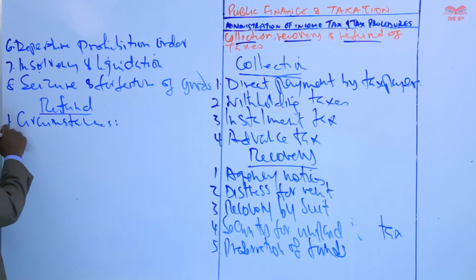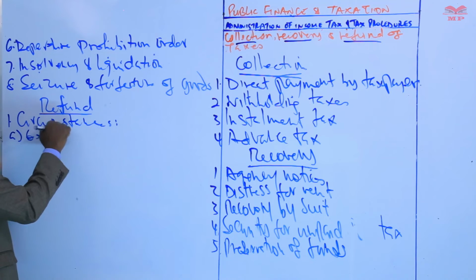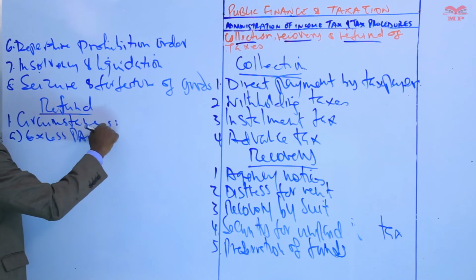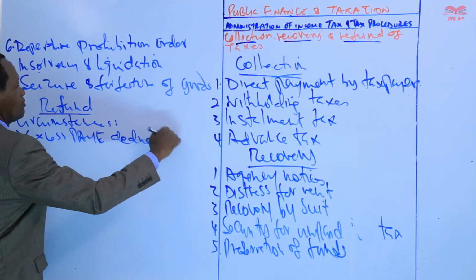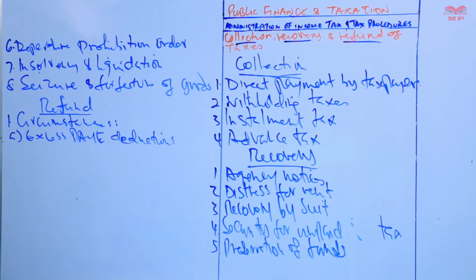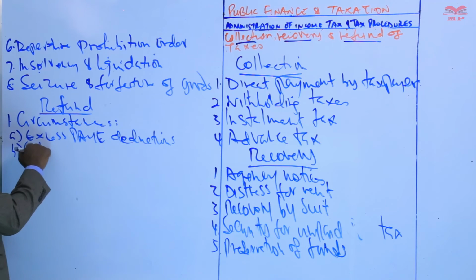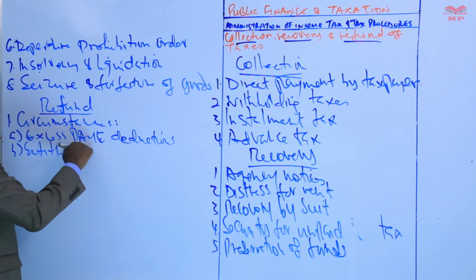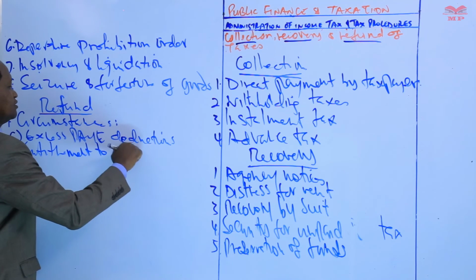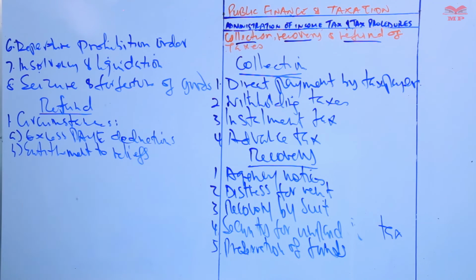One is excess pay deductions by an employer. 2, entitlement to reliefs, like mortgage interest or insurance premiums not fully accounted for through PAYE.